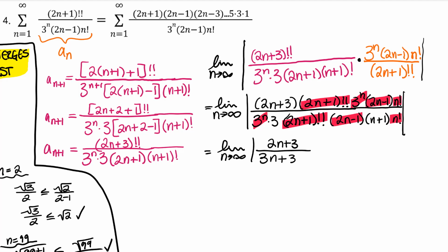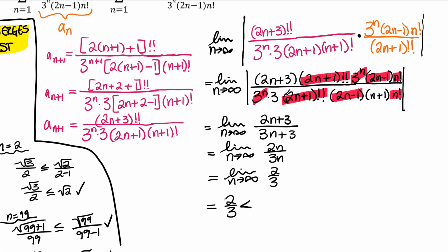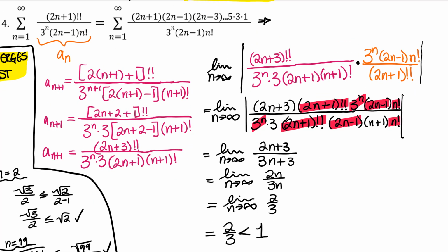That would be 3n plus 3. And we don't need those absolute values because we know n is approaching positive infinity. And 2 over 3 is less than 1. So this series, the original series, converges by ratio test.